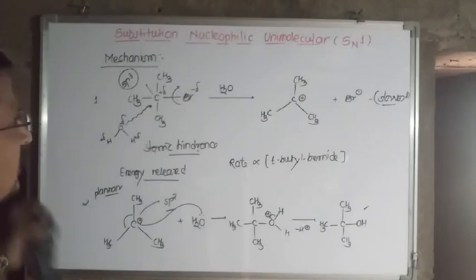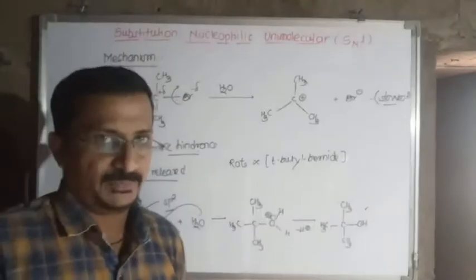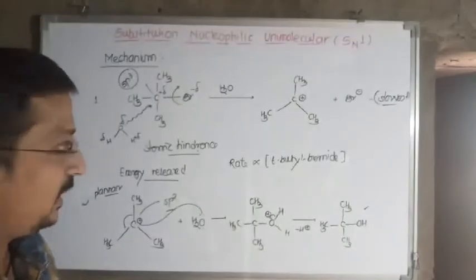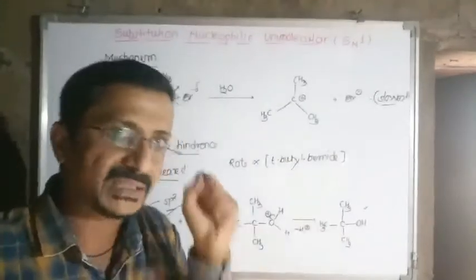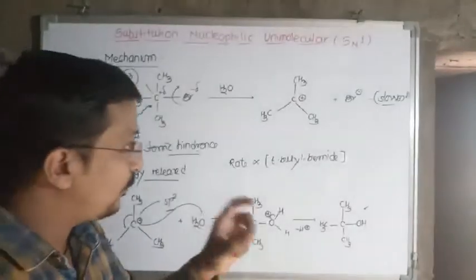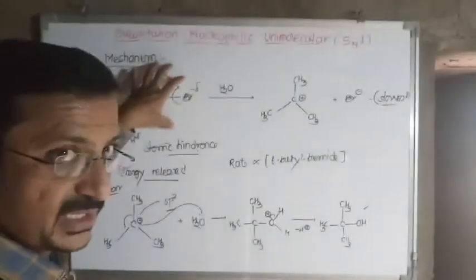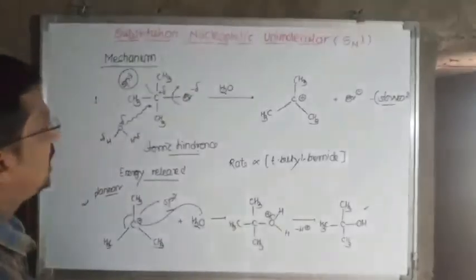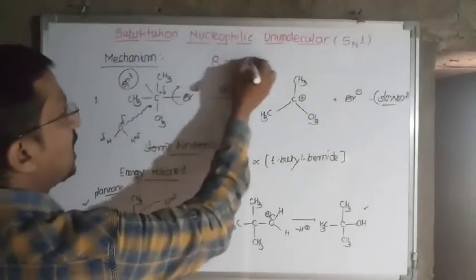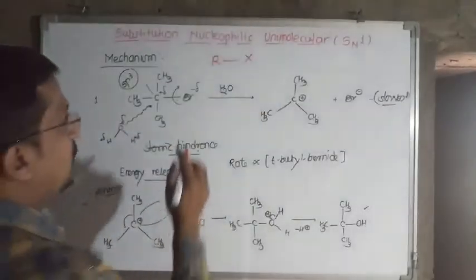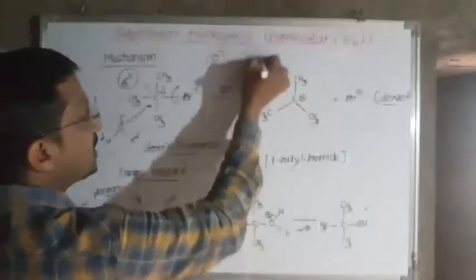Now if you consider the rate of the reaction, it depends only on tertiary butyl bromide, but what are the factors if we change the substrate? The substrate, R-X, has two parts: one part is the alkyl group, the second part is the halogen.